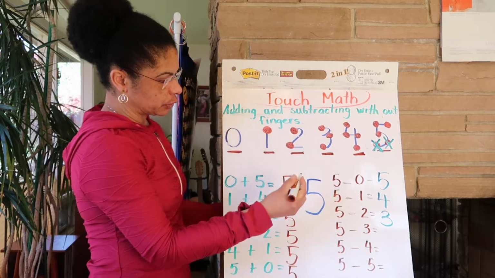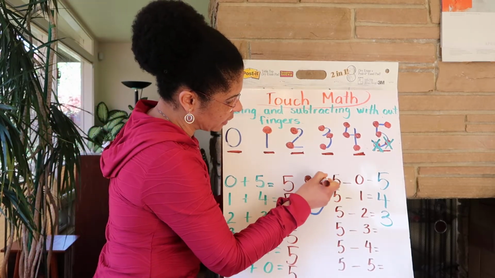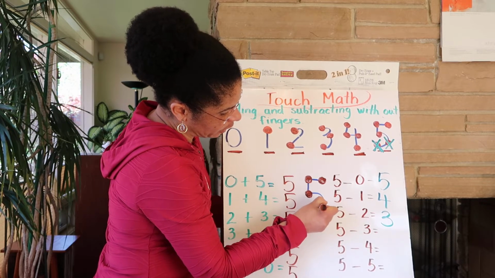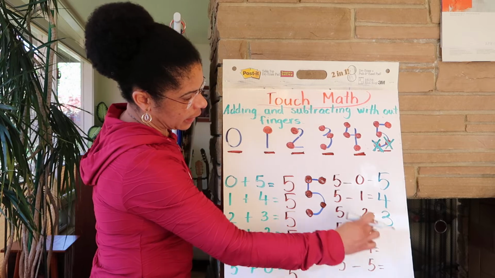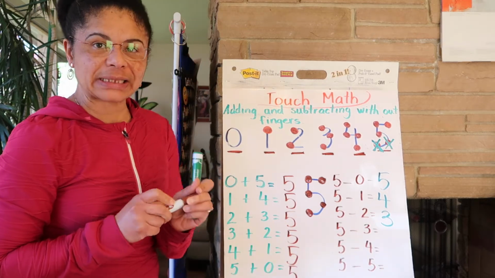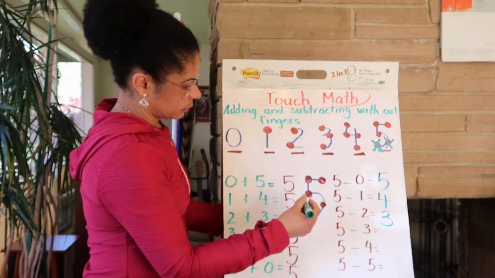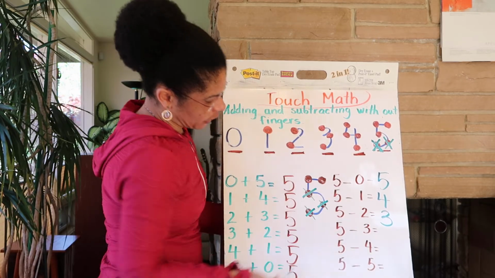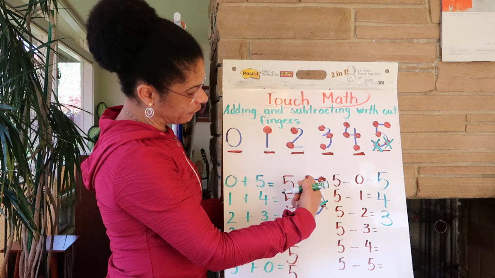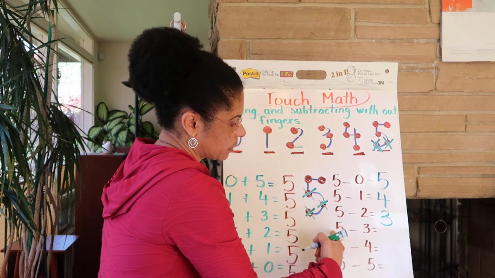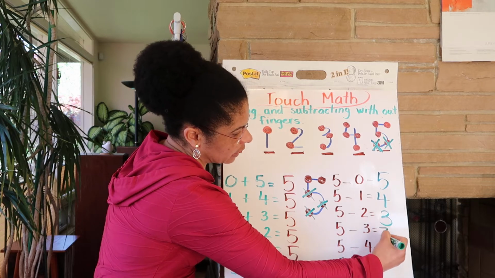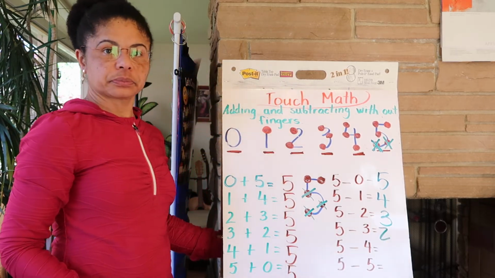So I'm going to put my 5 dots. 1, 2, 3, 4, 5. And it says subtract 3. 1, 2, 3. What do I have left? 1, 2. 5 subtract 3 is 2.